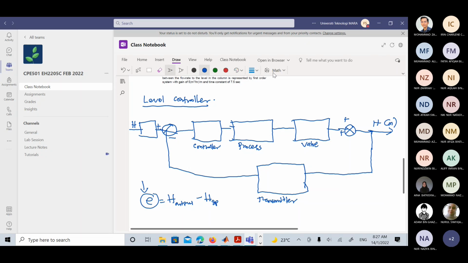Saya rasa terbalik lah. This is the controller, valve, then only process. Kenapa dia macam tu? Sekejap.